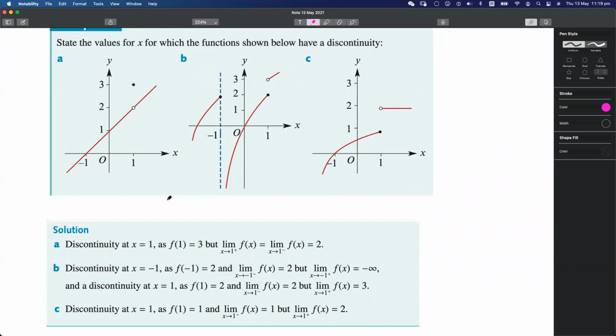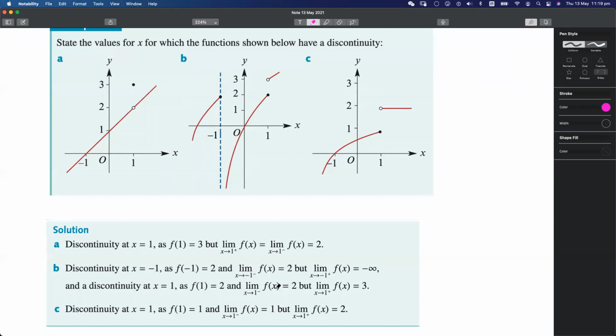Okay. Next one, discontinuous at x is equal to -1 because f of -1 is equal to 2. And their limits are not the same when they're approaching from different directions. So from left to right, take the limits from left to 1 and from right to 1.